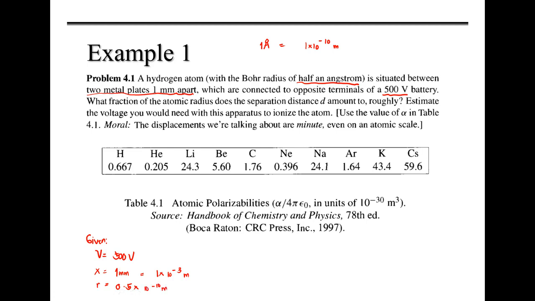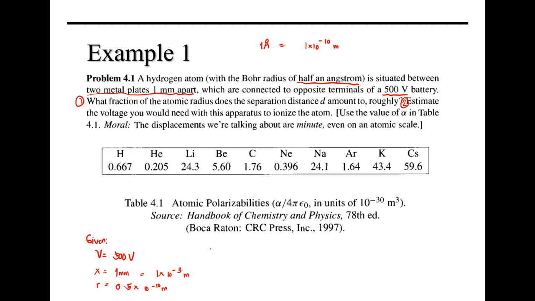So let us use this given to find the following. The first one is, what fraction of the atomic radius does the separation distance d amount to roughly? And the second one is, we have to estimate the voltage that we need in order to ionize the atom, meaning to say, to make it completely not a conductor.